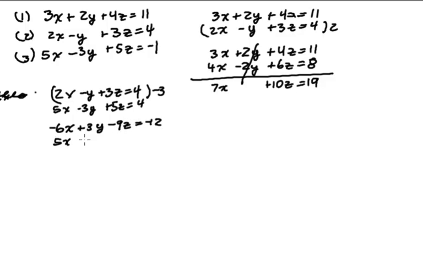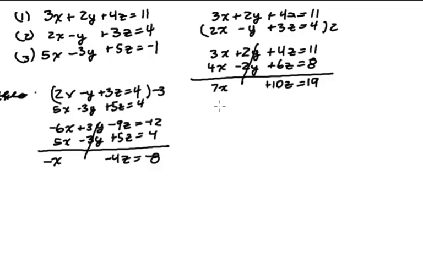The bottom equation is 5x minus 3y plus 5z equals 4. Those cancel. I get negative x minus 4z equals negative 8. Okay, now you see I have this equation and this equation. So now I have two equations and two unknowns. So I have 7x plus 10z equals 19, that's from this one, and negative x minus 4z equals negative 8.